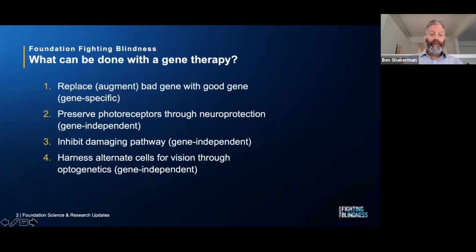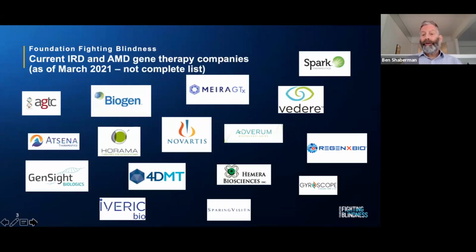So as we think about the retinal gene therapy space, I'm not going to actually talk about specific trials, or not that many, but on this slide, I wanted to provide a sense of how exciting this gene therapy field is right now from a commercial standpoint.